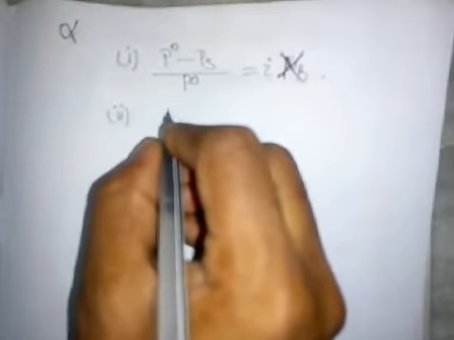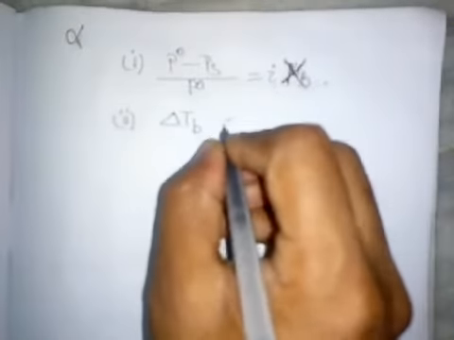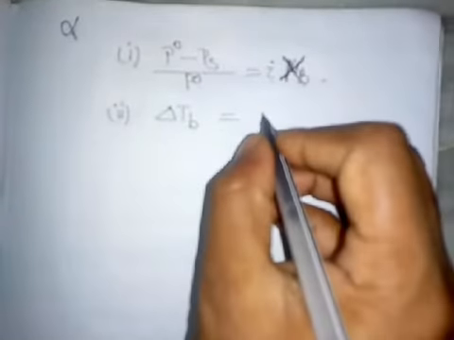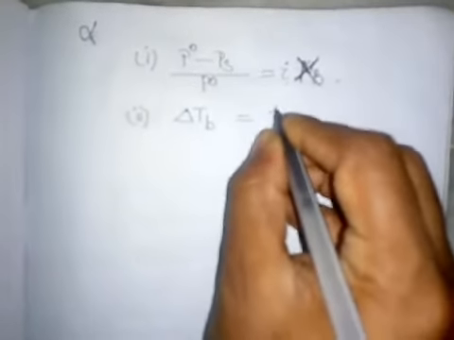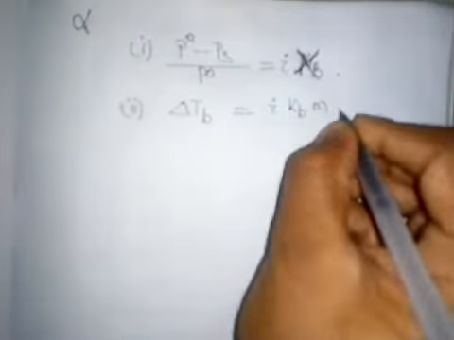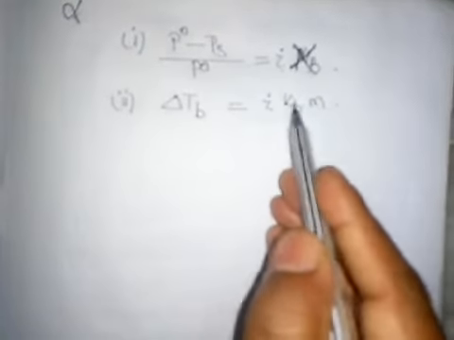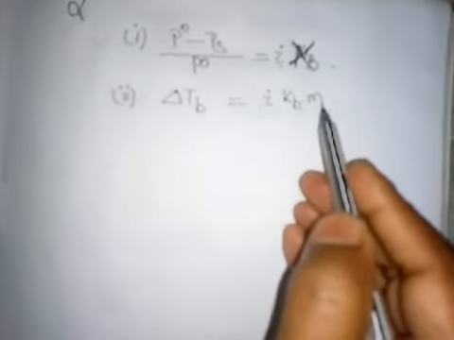The second colligative property is elevation in boiling point, equal to Kb into small m, that is molality. Then the modified equation is given as i Kb into m, where i is the Van 't Hoff factor, Kb is the molal elevation constant, m is the molality.